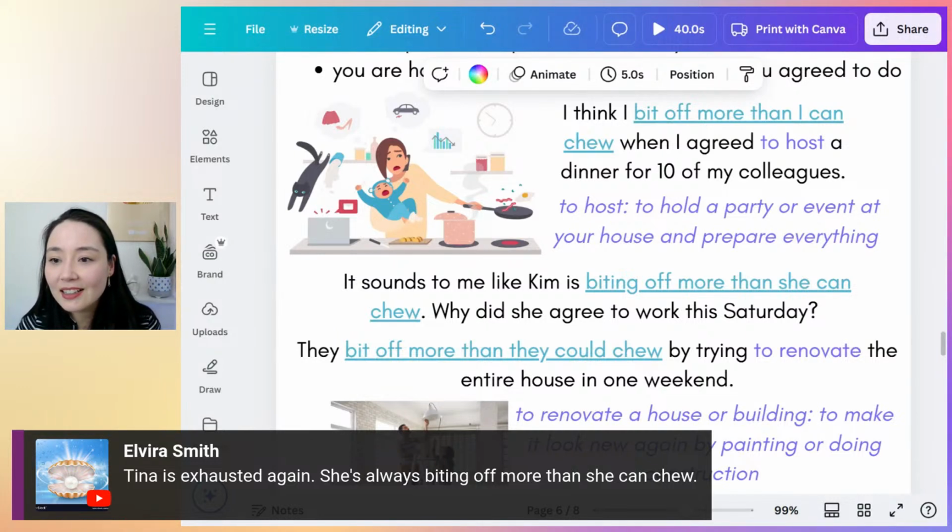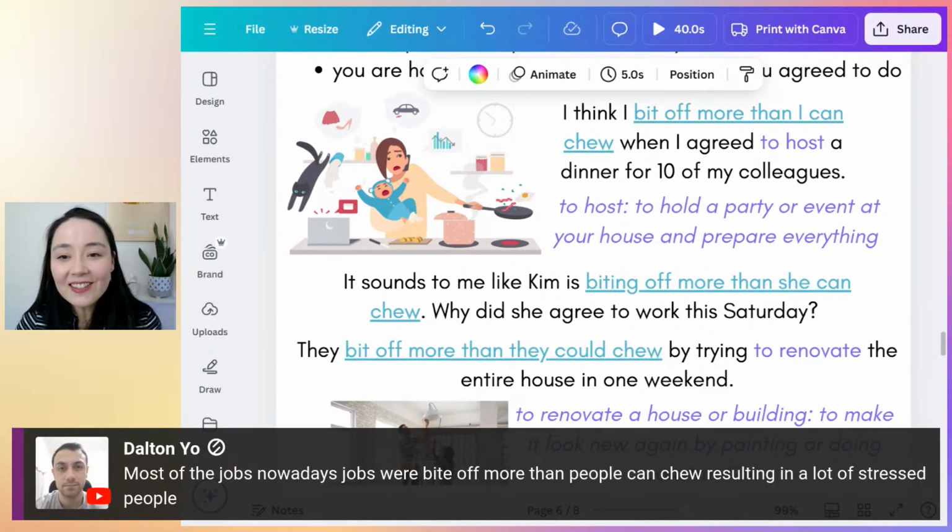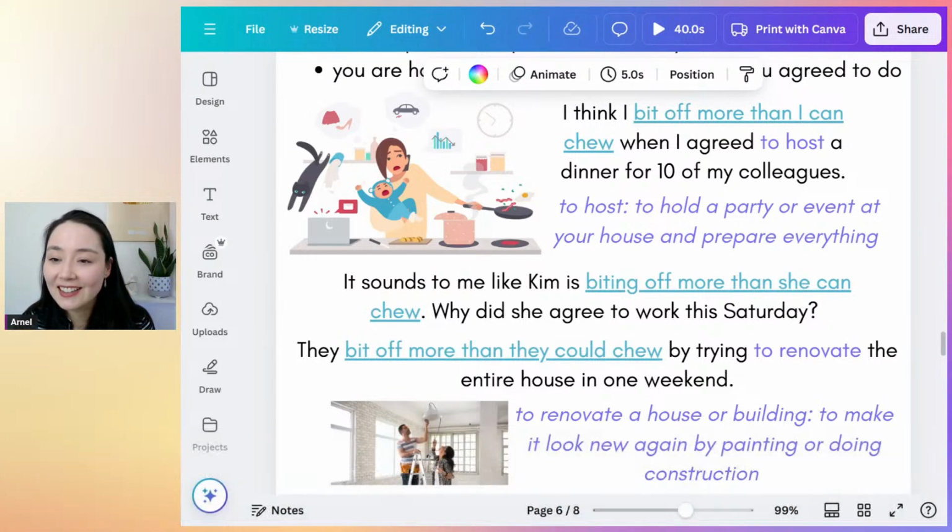Dalton says, most of the jobs nowadays, people bite off more than they can chew, resulting in a lot of stressed people. Yeah, absolutely. Definitely. Good. Last one. Okay, let's take a look.